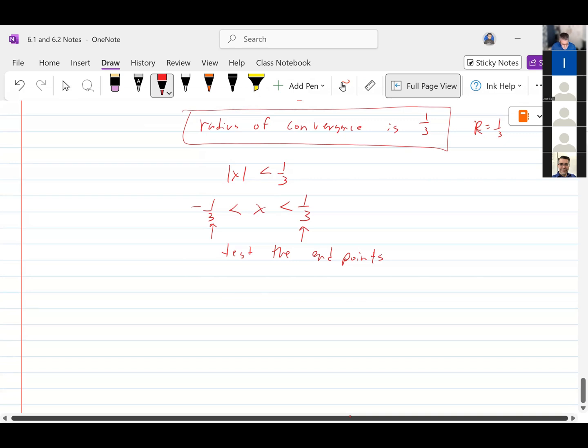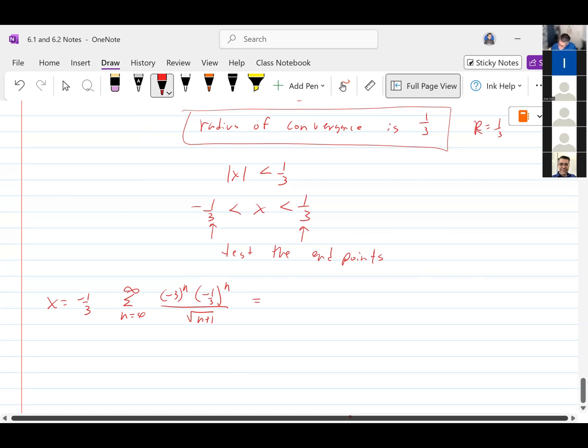So let's plug this in. If x equals -1/3, then I get the summation n equals 0 to infinity of -3 to the nth times x to the nth. But what is x? x is -1/3 to the nth, all over the square root of n plus 1.